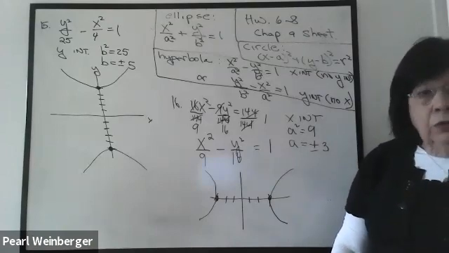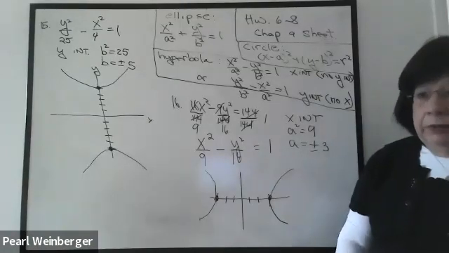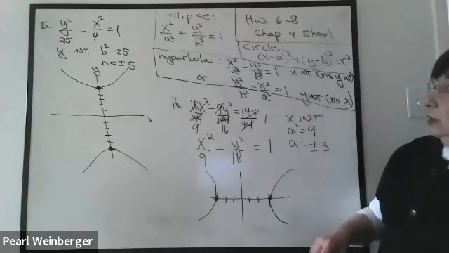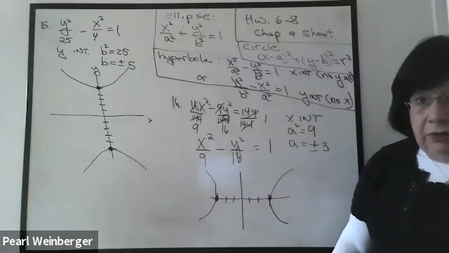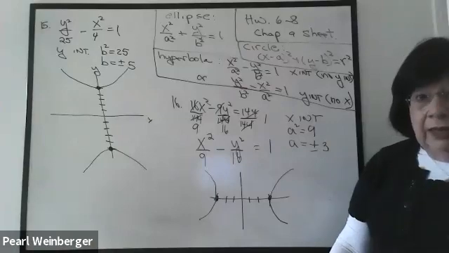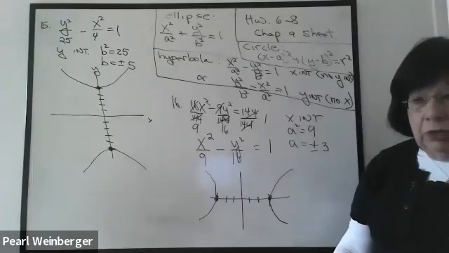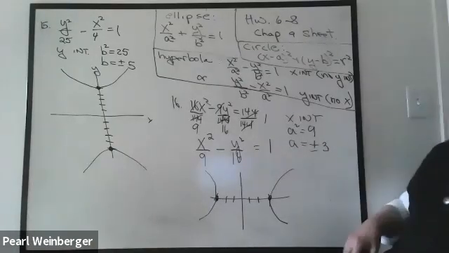In other words, let's talk about parabolas. Okay, and I'm going to do one example for you, and then I'm going to give you time to try one on your own.